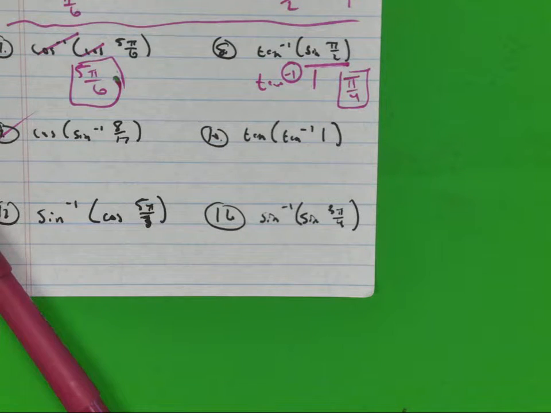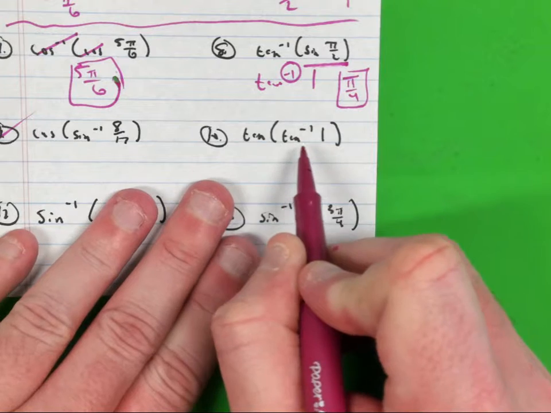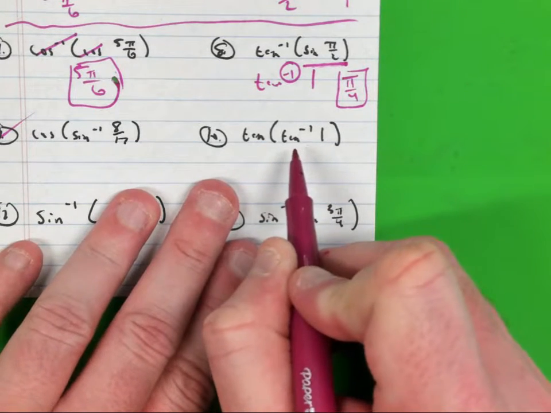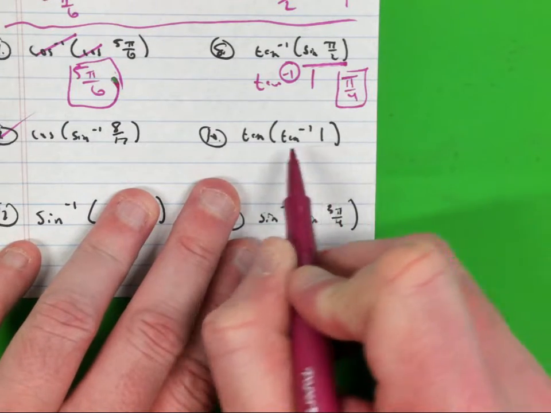Where does arc tan live? Between negative pi over 2 and pi over 2, doesn't it? So can we do a shortcut on this one? No. Now, be careful. Don't be a smart aleck in a minute. Just watch this. Yes, the answer's going to be 1, but it's not because we can do the shortcut.